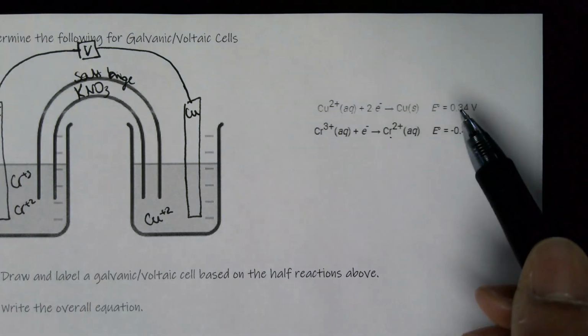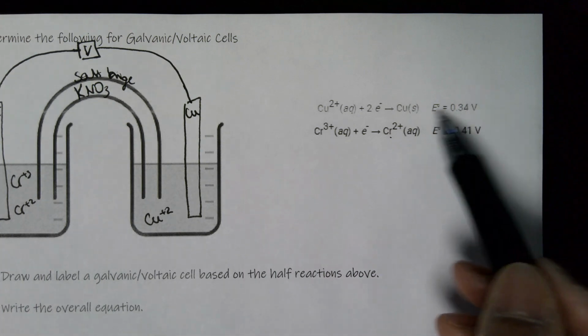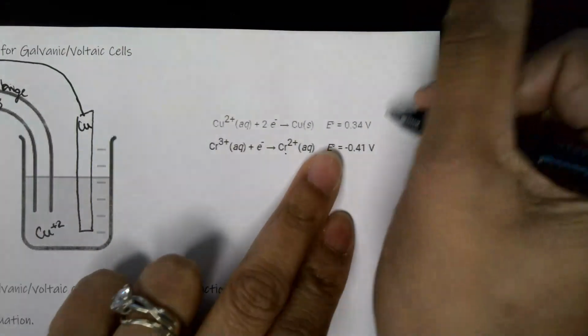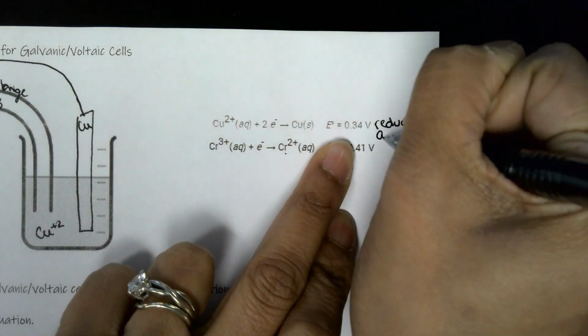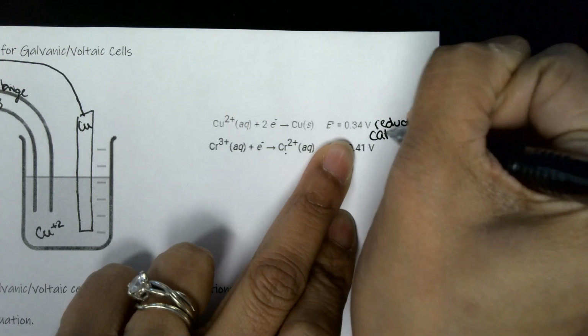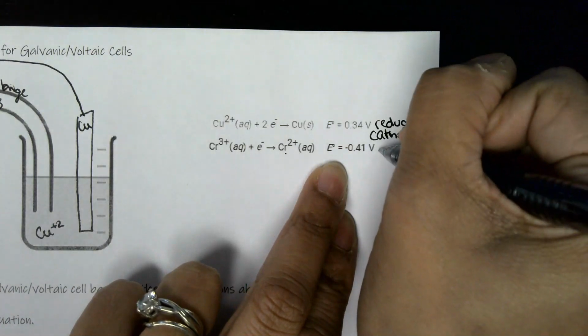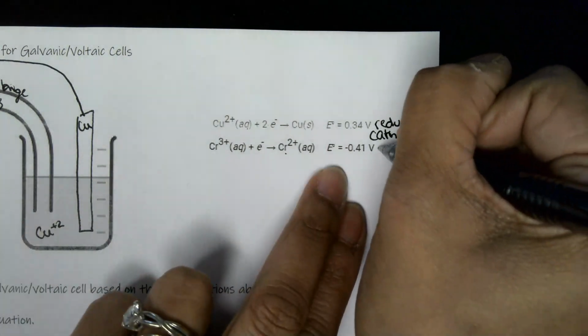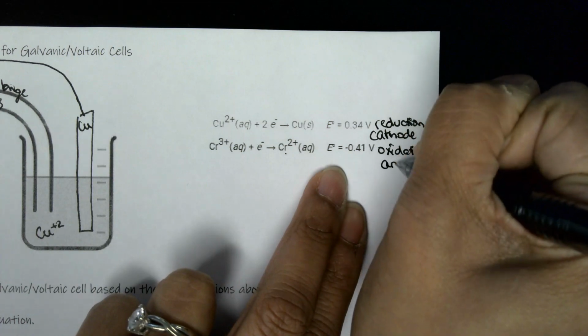To know which one is truly going to be reduction versus oxidation, the more positive one we're going to keep as reduction, and we can recall that reduction occurs at the cathode. The more negative one we're going to flip that equation and make this oxidation, and that occurs at the anode.